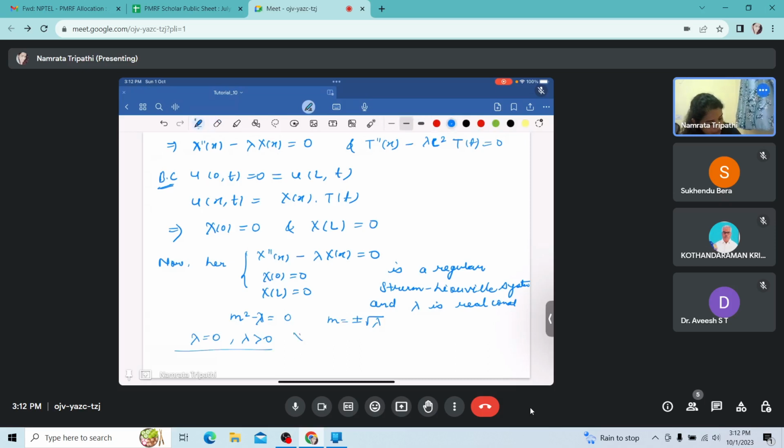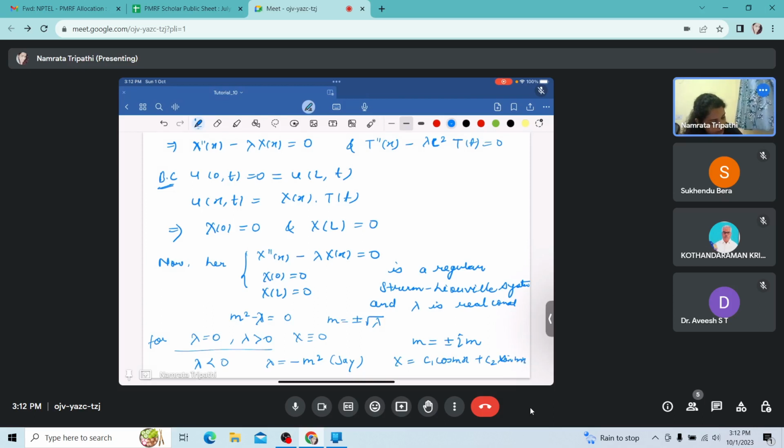Okay, so we will discuss for lambda less than 0. Let lambda equal minus m square. Okay, then m is plus minus i m. So X is c1 cos of mx plus c2 sin of mx.